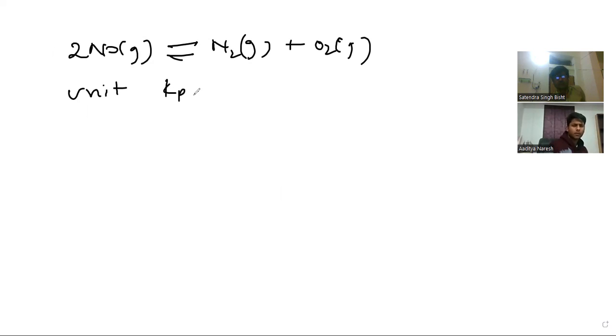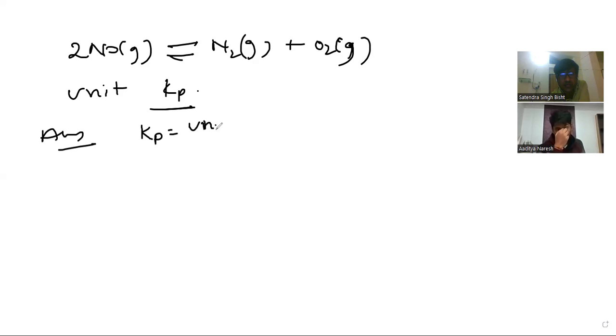All are in the gaseous phase, so everything cancels out. There won't be any unit, it is unitless.